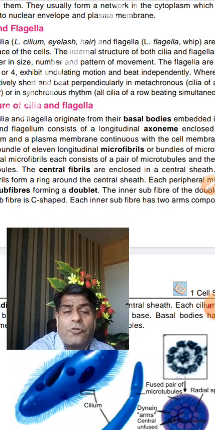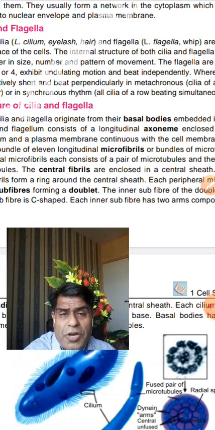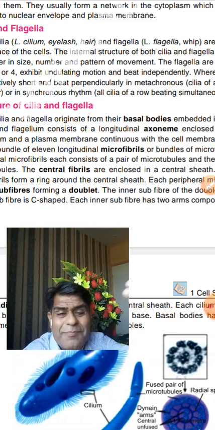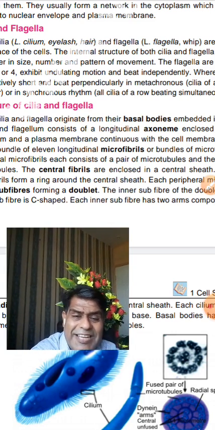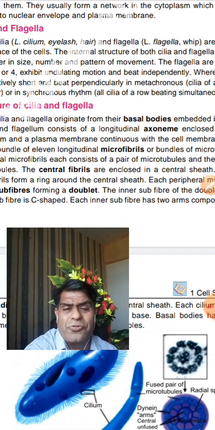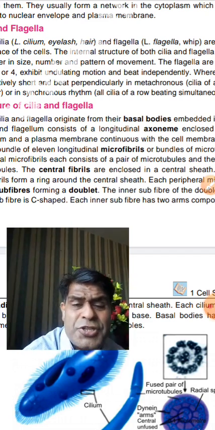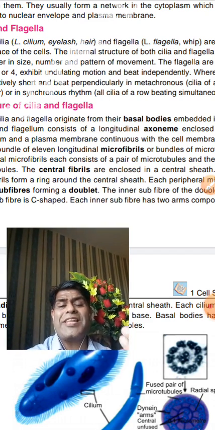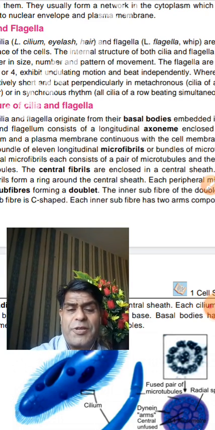We'll go back to the basal body, from where the cilium arises. The structure from where the cilium arises. Now I was telling you, this is a very sequential, well-mannered structure. It is not a simple structure.